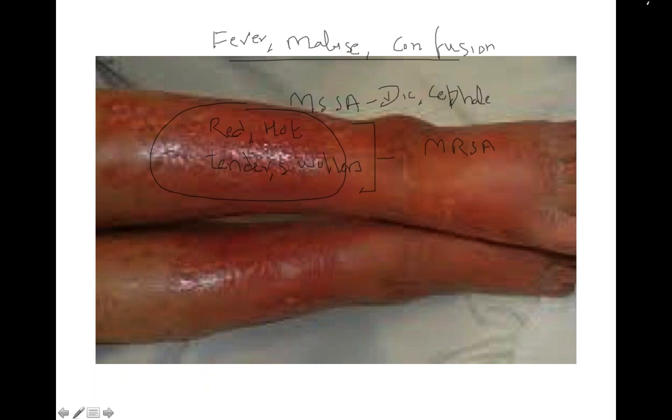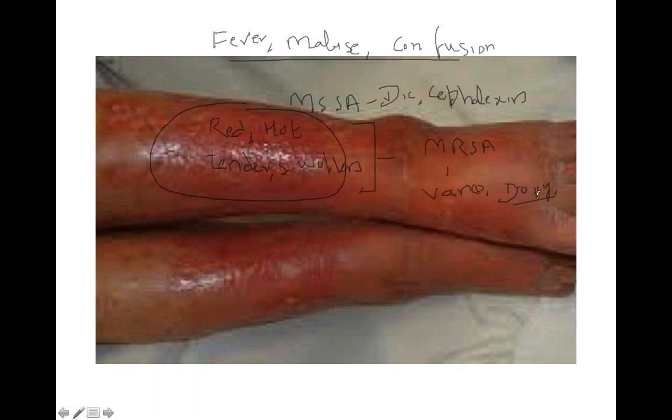But if the patient has methicillin resistant Staph aureus, then we give the patient vancomycin, or if there is vancomycin allergy, we can give daptomycin. Tigecycline can be given. Bactrim can be given, and doxycycline can be given.